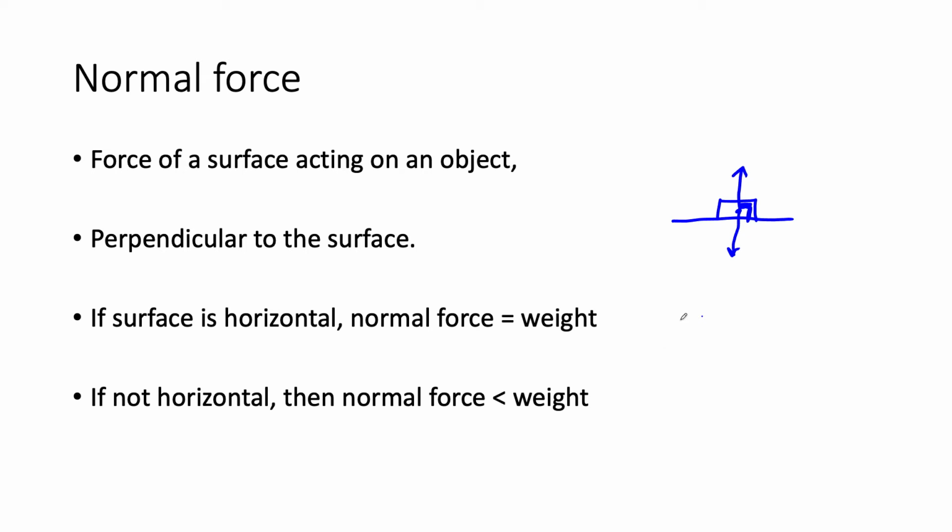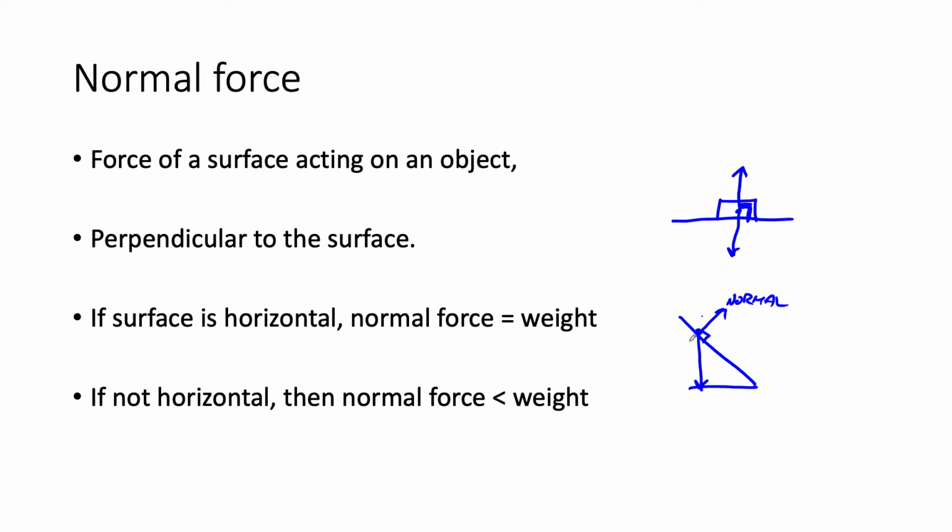But if we change the angle, and here's our block, there's our weight straight down on the y-axis, but our normal force is perpendicular to the surface, and it's this. So this is the normal force. Why is this important?